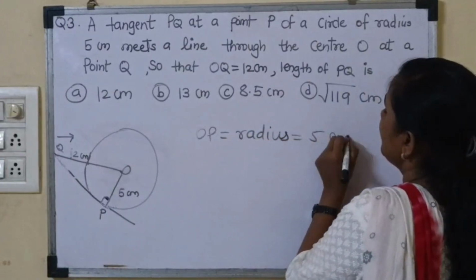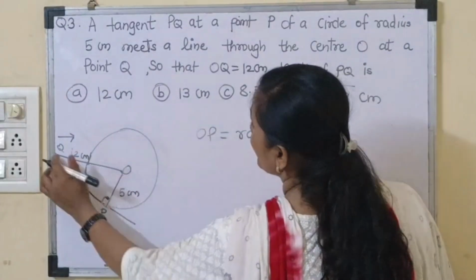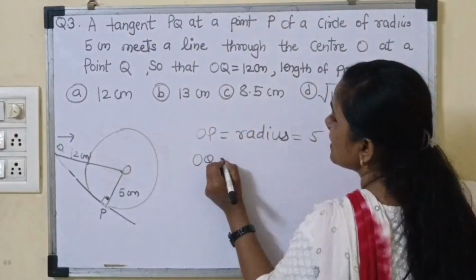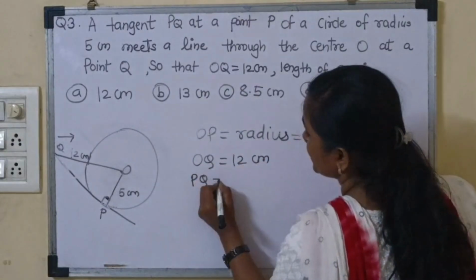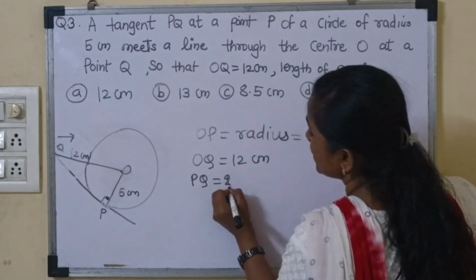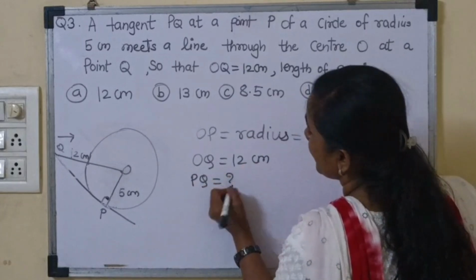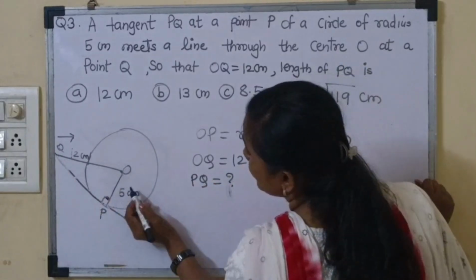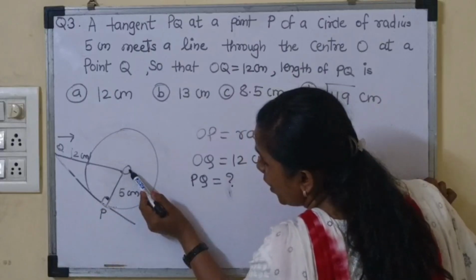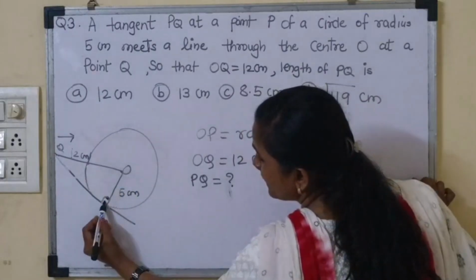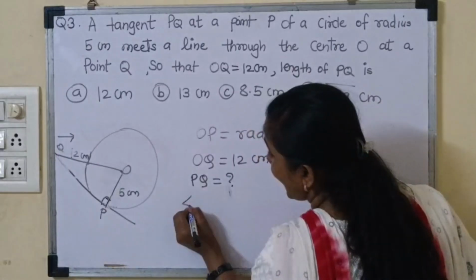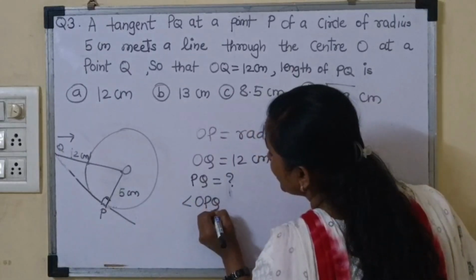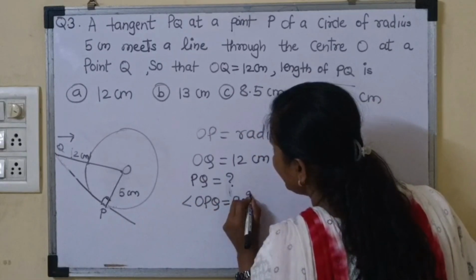OQ is 12 centimeter and we want to find PQ. That is the question. Look at the diagram carefully. Angle at P is nothing but 90 degrees, so I am writing angle OPQ is equal to 90 degrees.